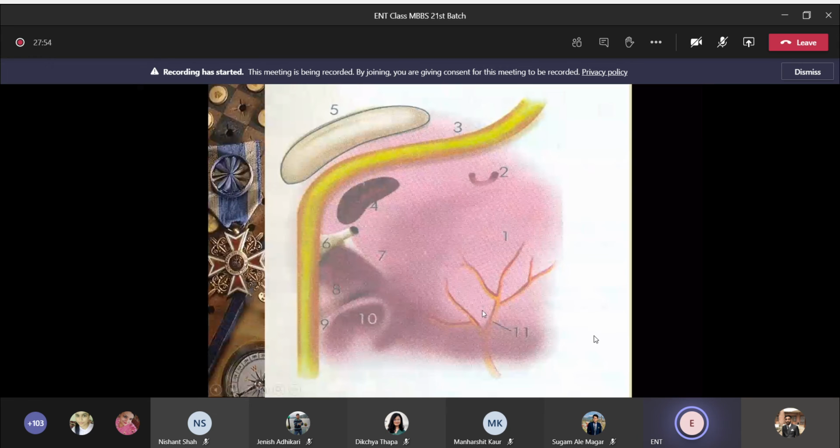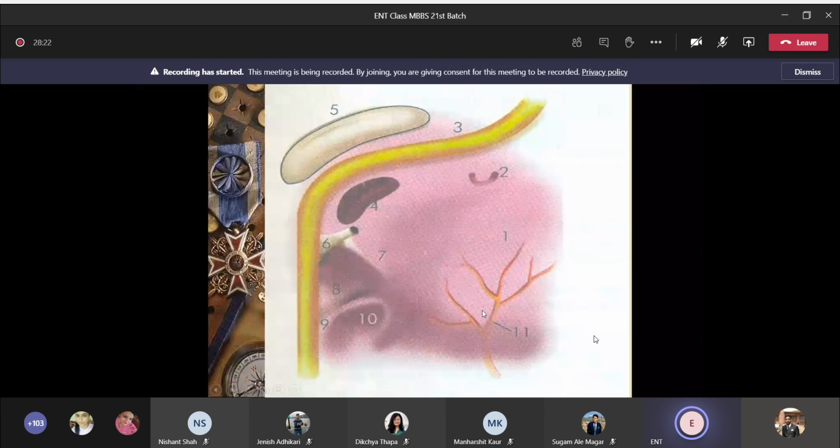Now you can see the four walls, the roof and the floor. This side is the lateral wall, the tympanic membrane, and this is the medial wall of the middle ear, which has the cochleariform process, oval window and round window.